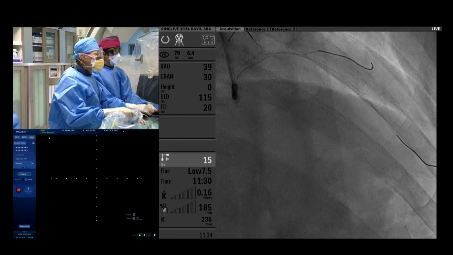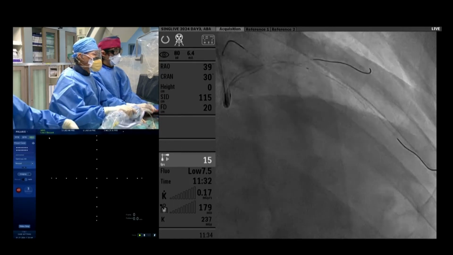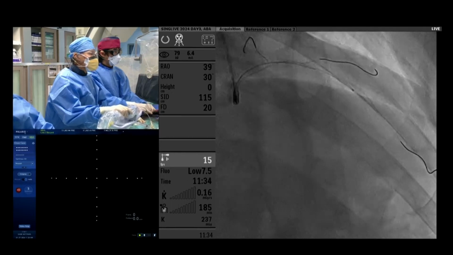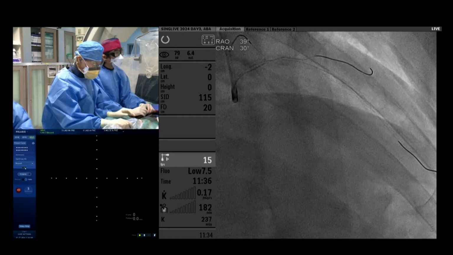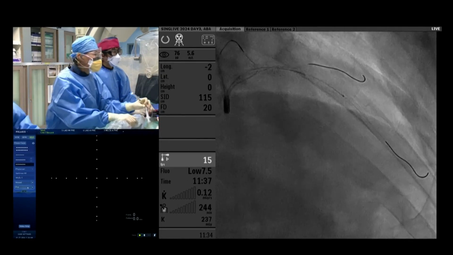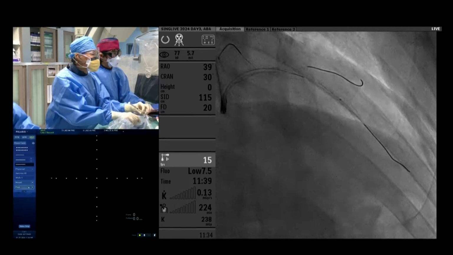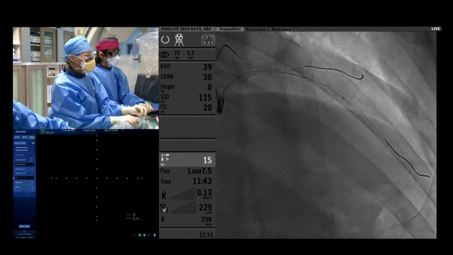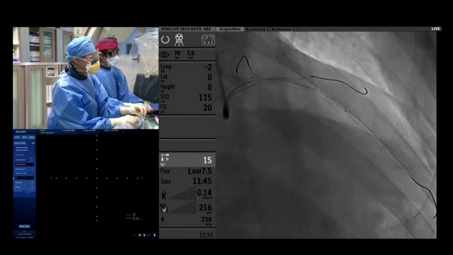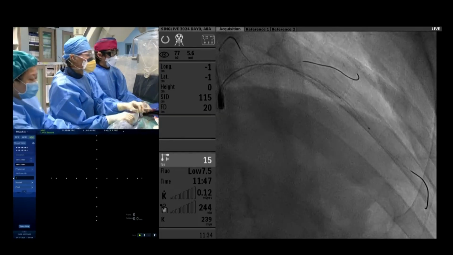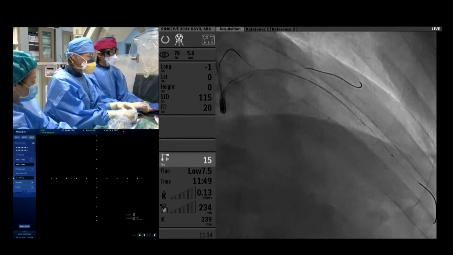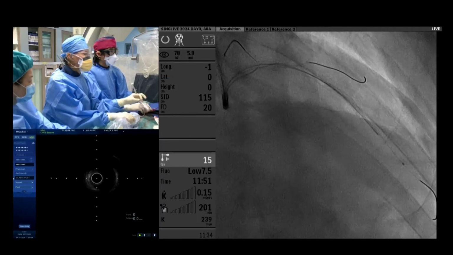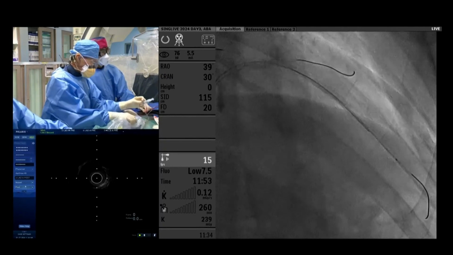Yeah. Hopefully the diagonal will be okay on IVUS at the ostium. See my distal wire? The wire. Okay. It's getting a little bit cramped in the guide, with everything, so it's a little bit more sticky.